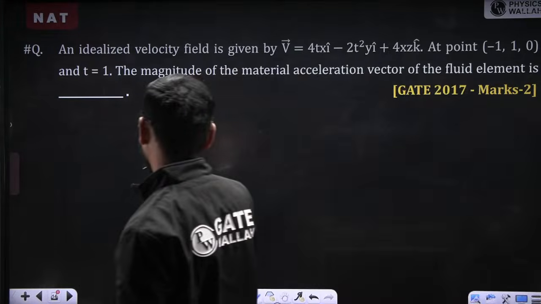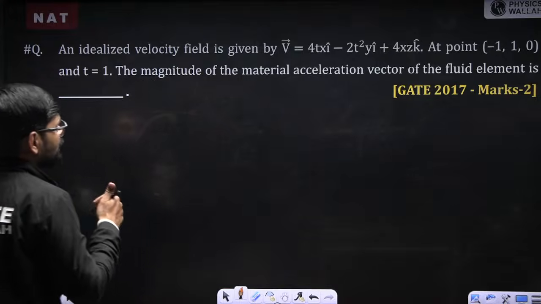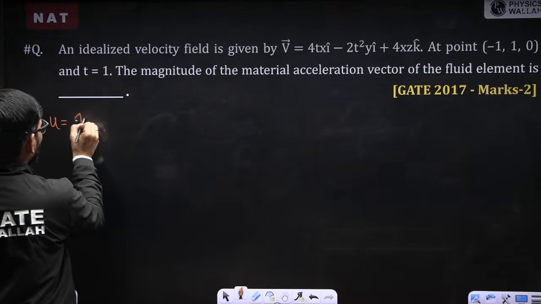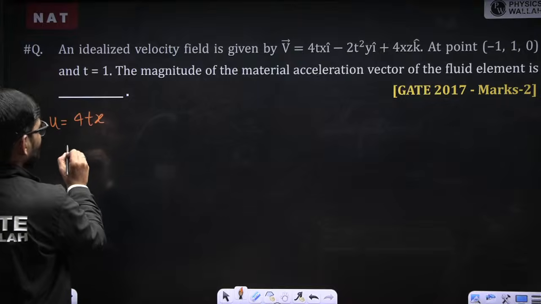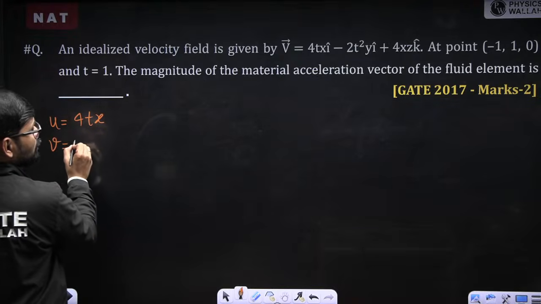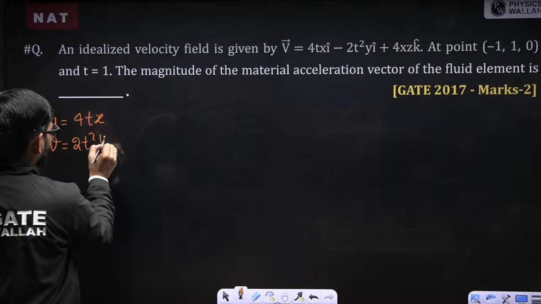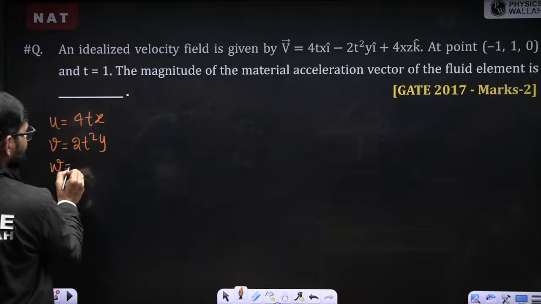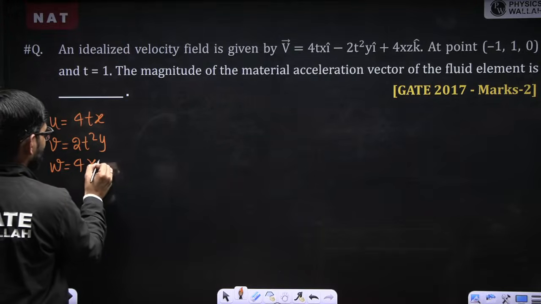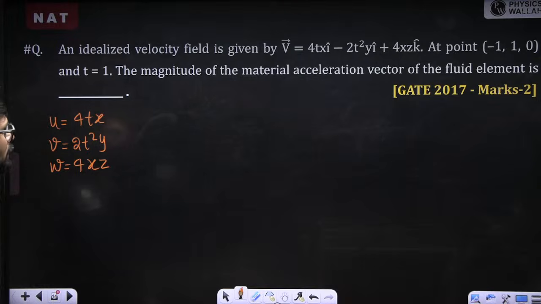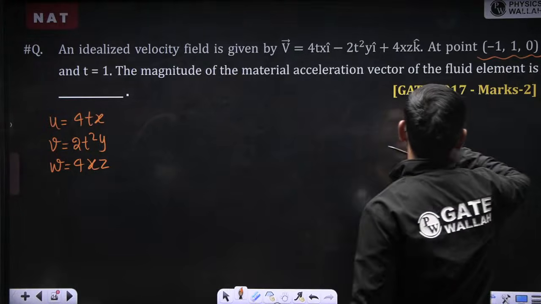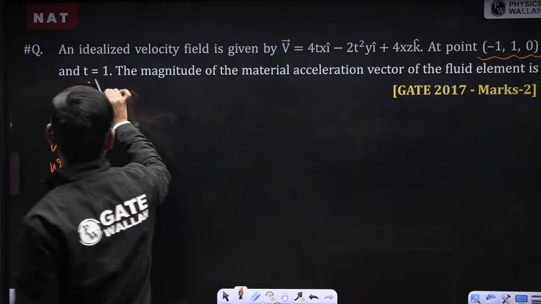Here an idealized velocity field is given: u value is 4tx, v value is 2t square y, and w value is 4xz. At the point x, y, z and t value given.